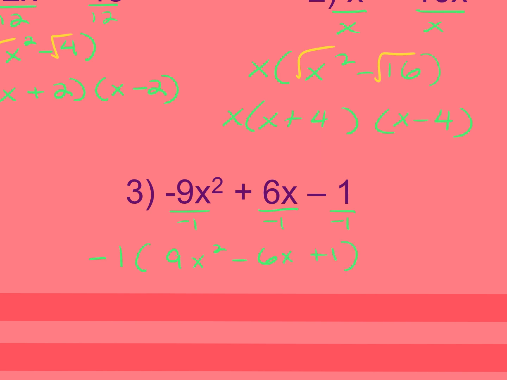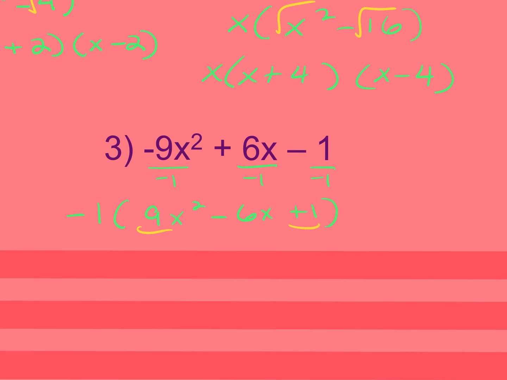Now it's a 3-term polynomial, or trinomial. First thing I'm going to do when I have a trinomial is look at the first and the last term. If I can recognize that these are perfect squares, I'm going to test to see, is it a perfect square trinomial? If not, then I have to resort to the traditional factoring where I multiply first and last.